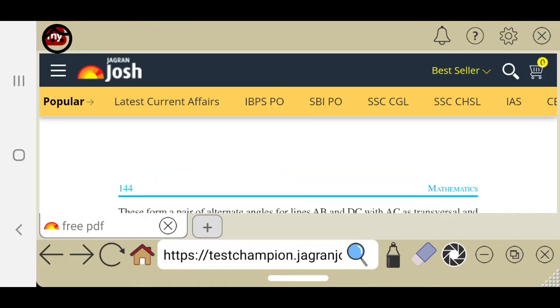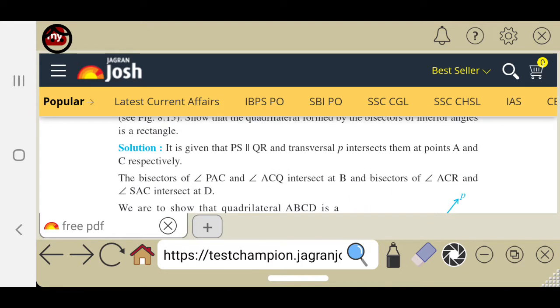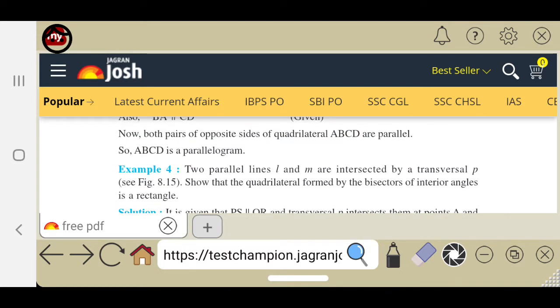Next problem is: two parallel lines L and M are intersected by a transversal P. Show that the quadrilateral formed by the bisectors of interior angles is a rectangle.